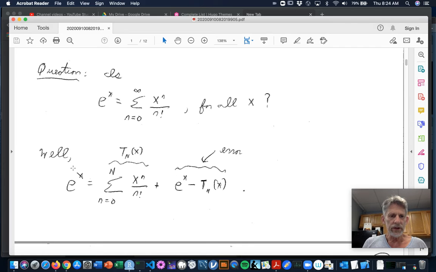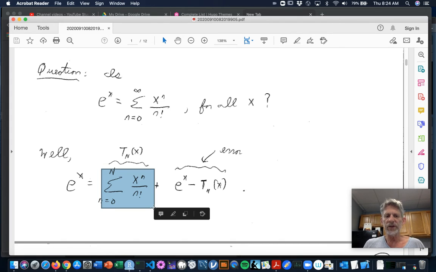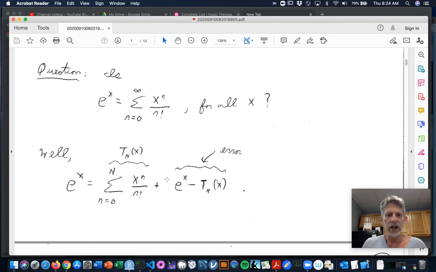I can certainly try to write that e to the x is equal to the sum of the first capital N terms of the series. I'll call that T capital N of x. It's the nth degree Taylor polynomial, plus e to the x minus that nth degree Taylor polynomial.